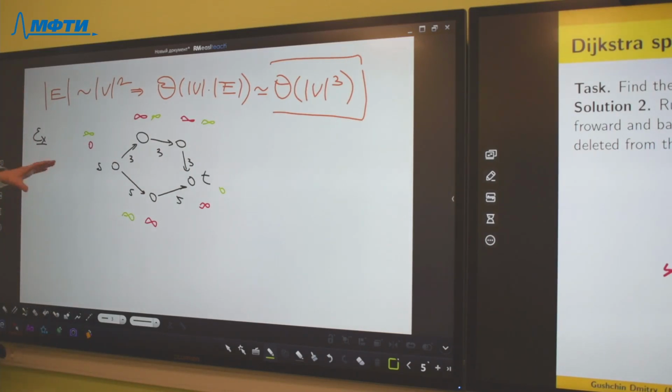When we start from S, we relax all the edges incident to S and set this distance equal to 3 and this distance equal to 5.